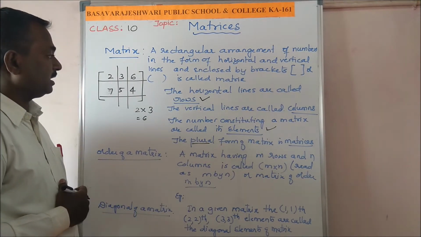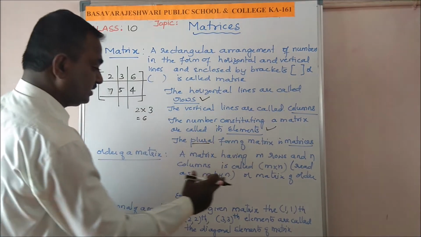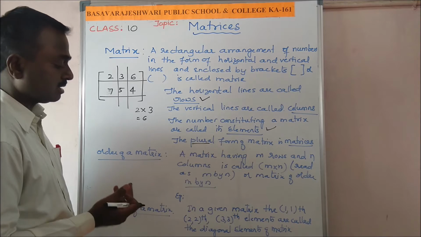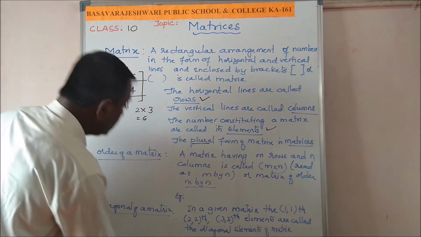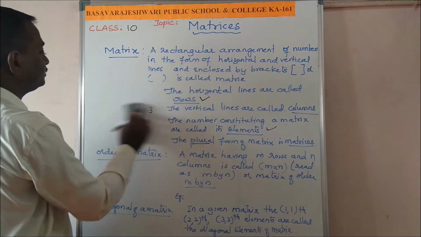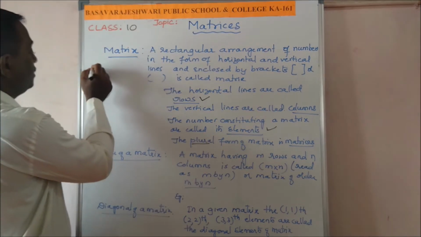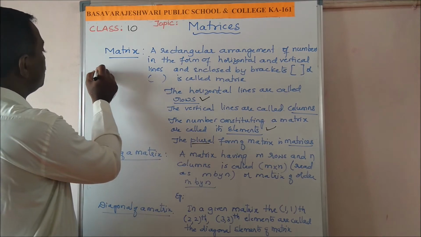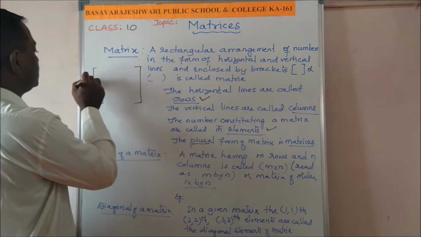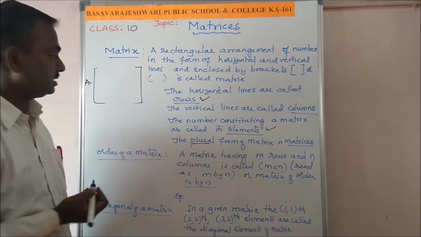Diagonal of a matrix. In a given matrix, the first, second, third elements are called the diagonal of a matrix. I will give one example. All the matrices are represented by capital letters A, B, C, D, like that.